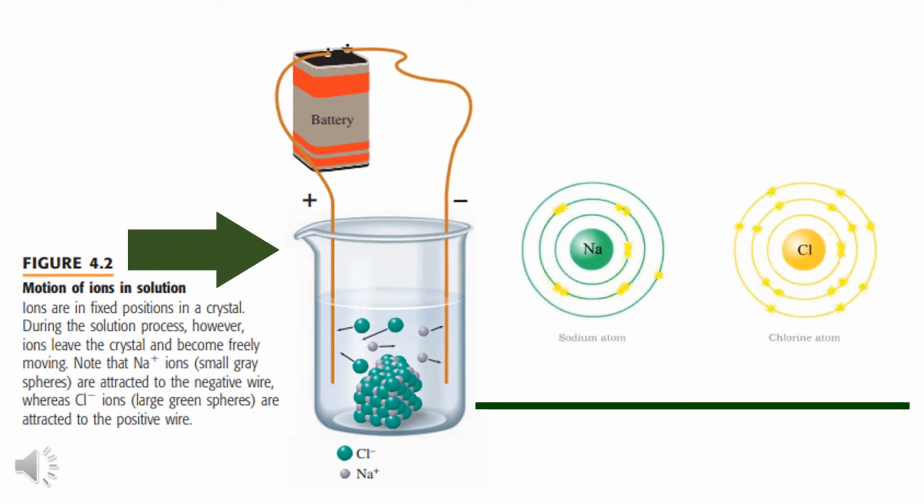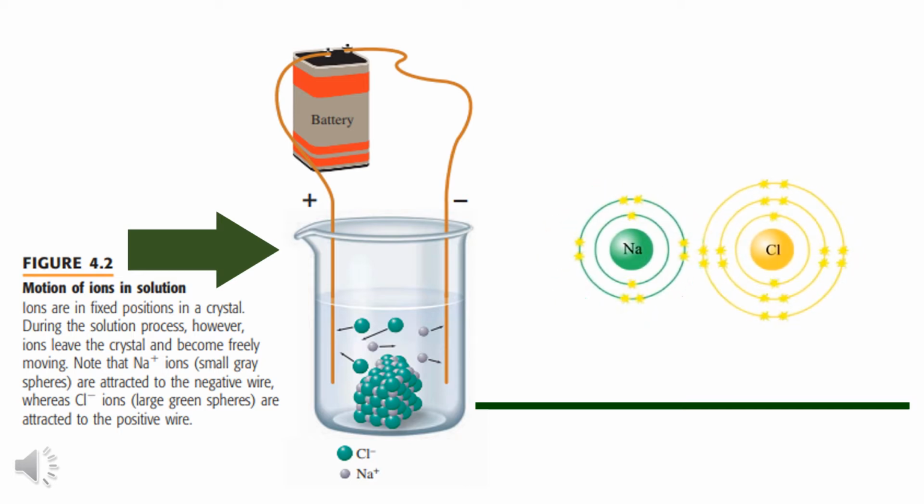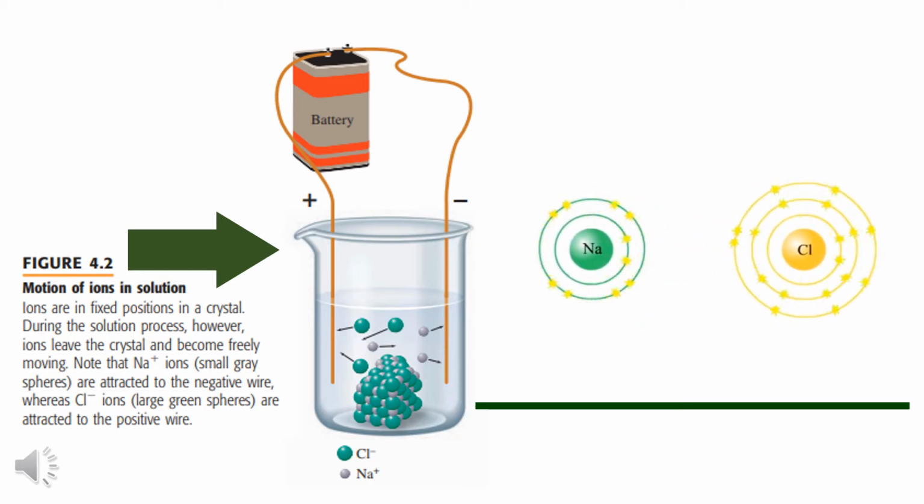Take for example, you dissolve sodium chloride, NaCl, in water. As you can remember from previous discussions, sodium chloride is an ionic solid consisting of sodium ions and chloride ions. When you dissolve sodium chloride in water, the sodium ions and the chloride ions go into the solution as freely moving ions.